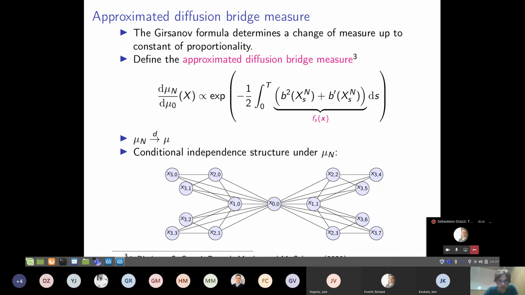Now, in a preliminary paper that we put on arXiv, a joint work with Frank van der Meulen and Moritz Schauer, we study a little bit this change of measure and how it behaves, and of course we made sure that it converges to the right diffusion bridge measure. And we also discover a conditional independence structure of the coefficients.